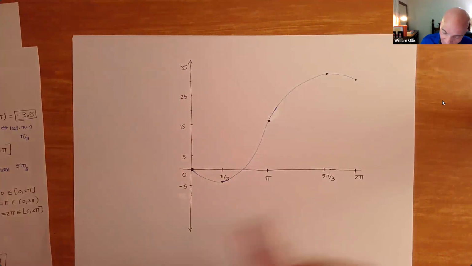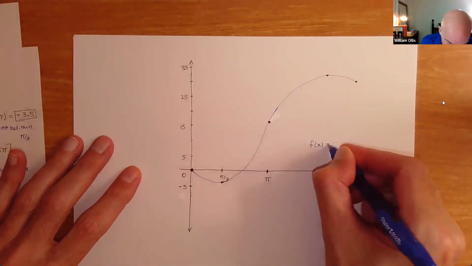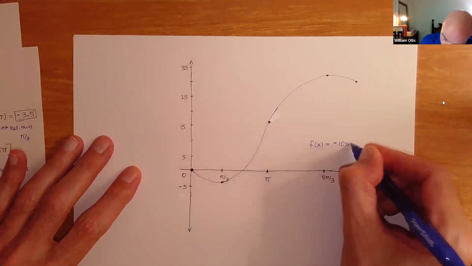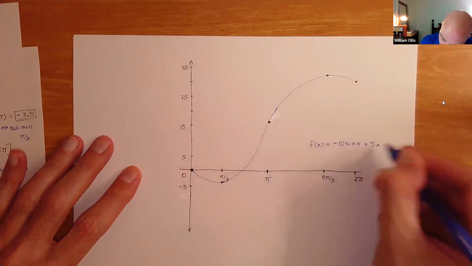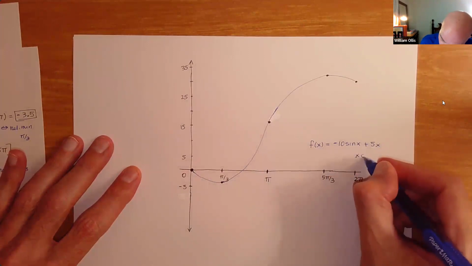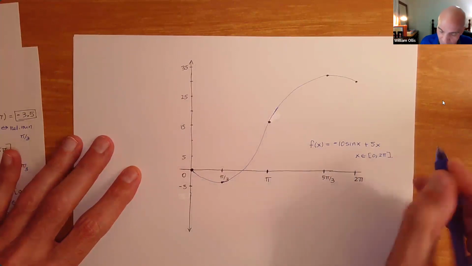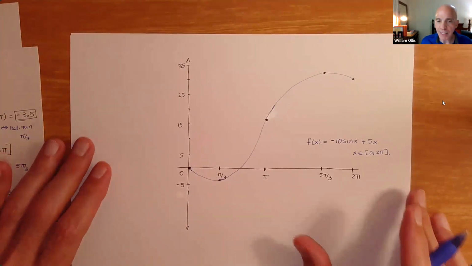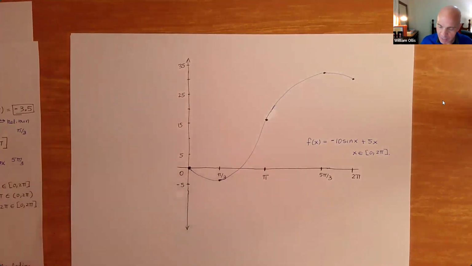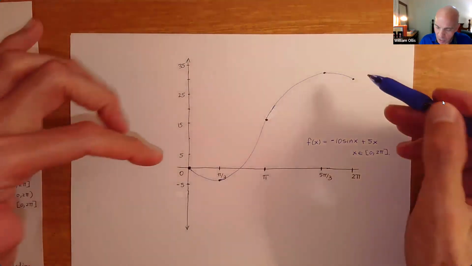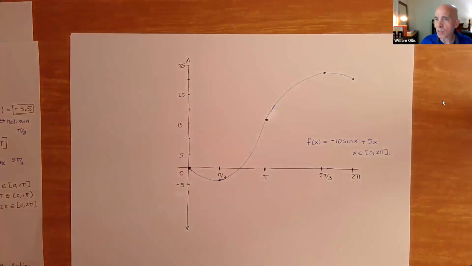So we've got f of x equals negative 10 sine x plus 5x, for x in the interval 0 to 2 pi. What I'm saying here is that when you do the complete analysis, we have EVT, and notice here we didn't have endpoint extrema. They were all localized.